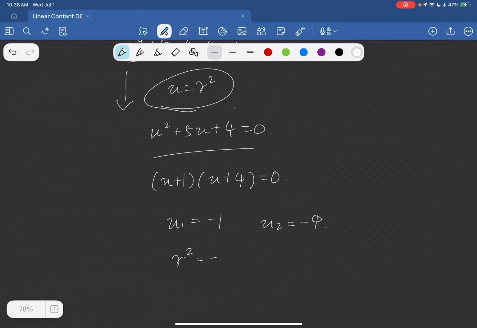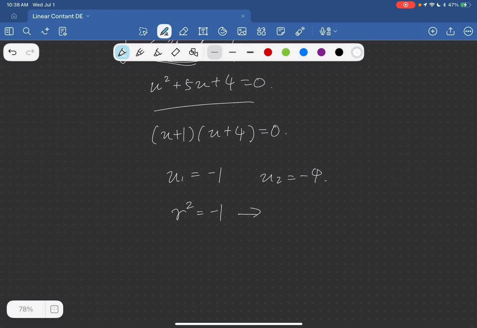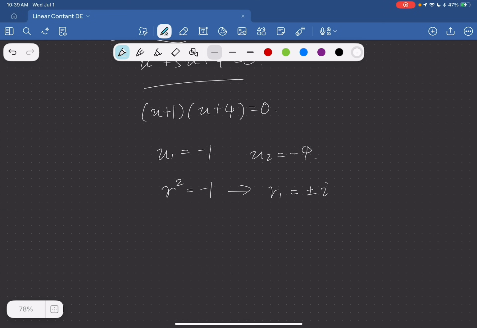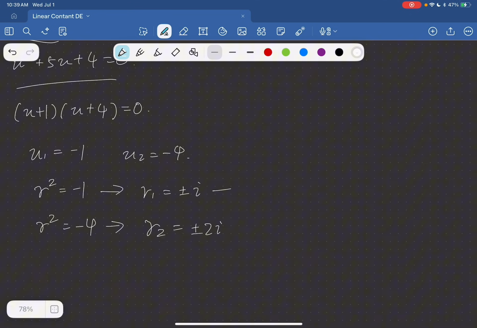So r squared is equal to -1. That tells us r1 is equal to plus or minus i. And r2, r squared is also equal to -4, so r2 is equal to plus or minus 2i. So from this, we can use our formula, which I mentioned earlier in the previous video.